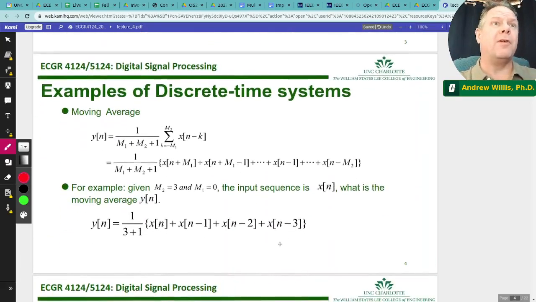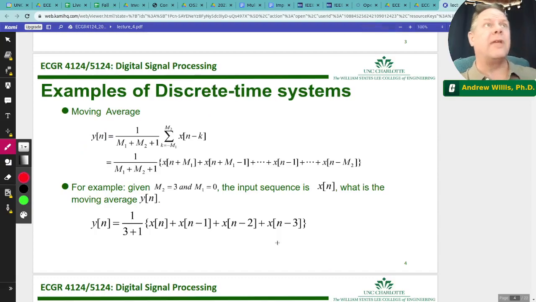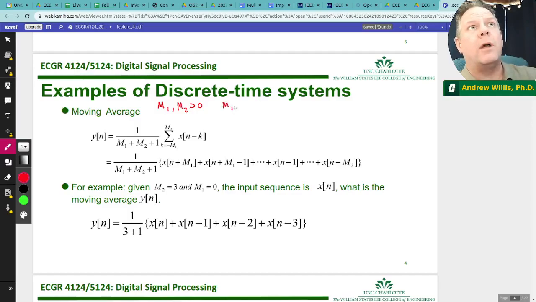Here's an example of a system. This is a moving average system, and this might look like a lot of equations, but it's not to be worried about too much. First of all, we presume that M1 and M2 are both positive numbers, greater than 0. Let's say that M1 and M2 are equal to 1. Then what does this boil down to?